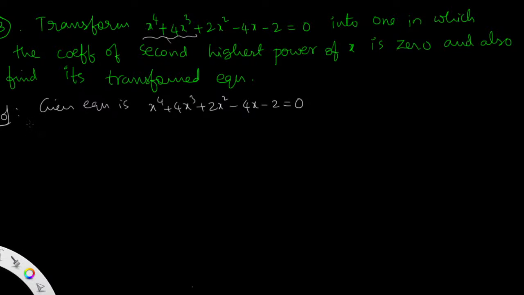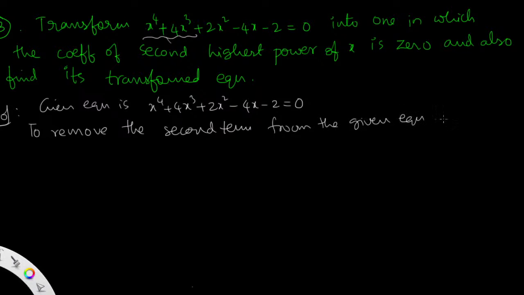So to remove the second term from the given equation, let it be some h equal to minus a1 by n a naught. What is the value here, what is n, what is a naught, what is a1?